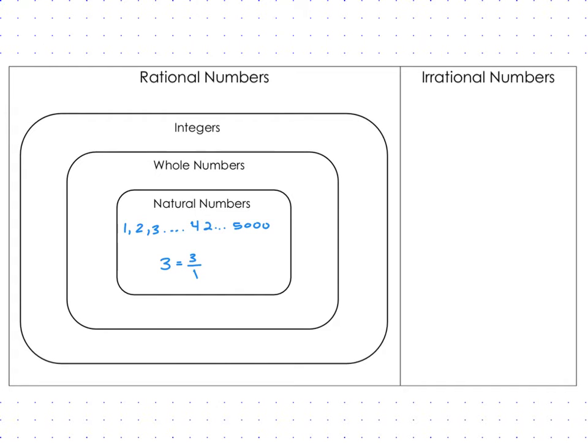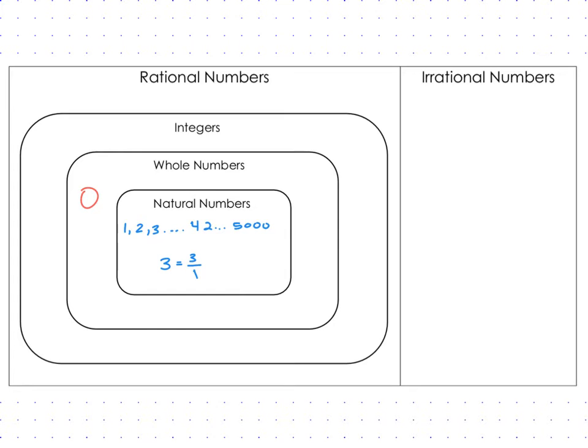All of these natural numbers are inside of the whole number group, but it does have an extra component, which is the number 0. So it still has all these natural numbers like 1, 2, 3, 42, 5,000, and they can still be written as fractions like we saw here, but it does have that extra 0.